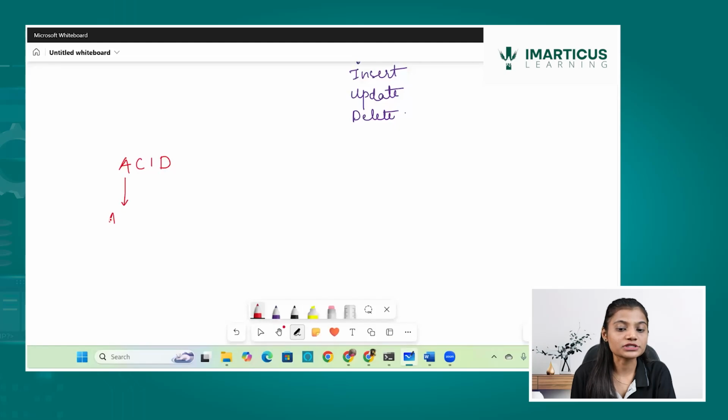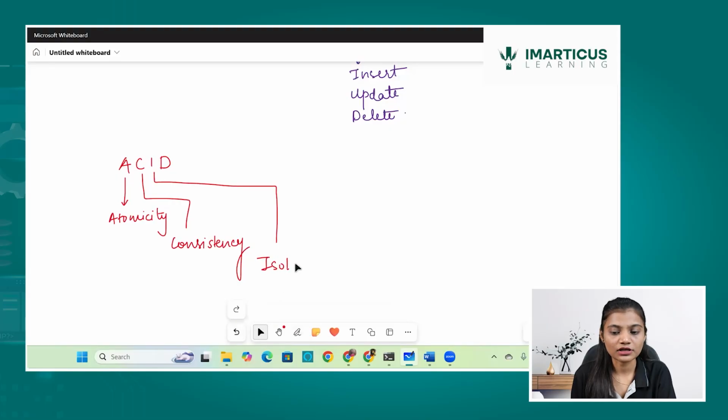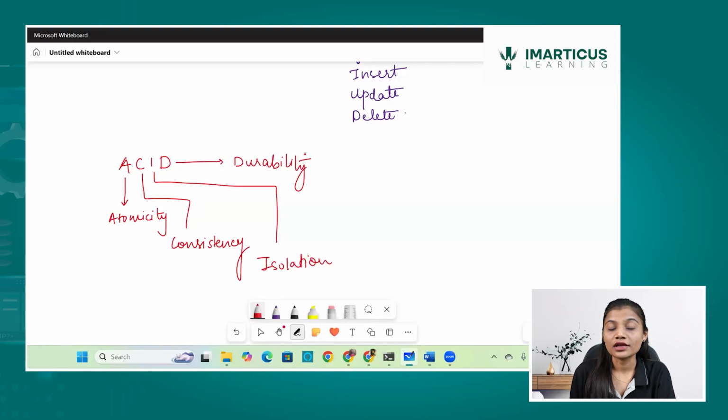A stands for atomicity, C stands for consistency, I stands for isolation, and D stands for durability. So when studying ACID properties with respect to transactions, you have to deal with atomicity, consistency, isolation, and durability.